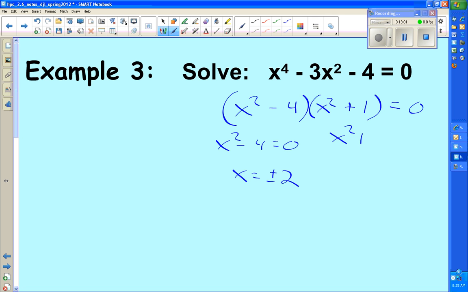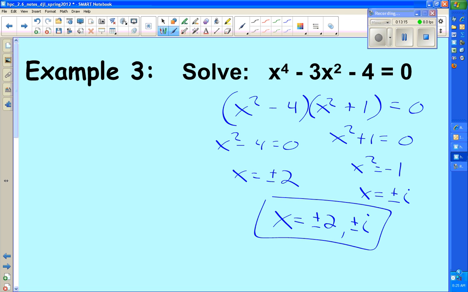X squared plus 1 equals 0, x equals plus or minus i. Can we graph this? No. Why not? It's not a function. These are not ordered pairs. This is just an equation we're solving.